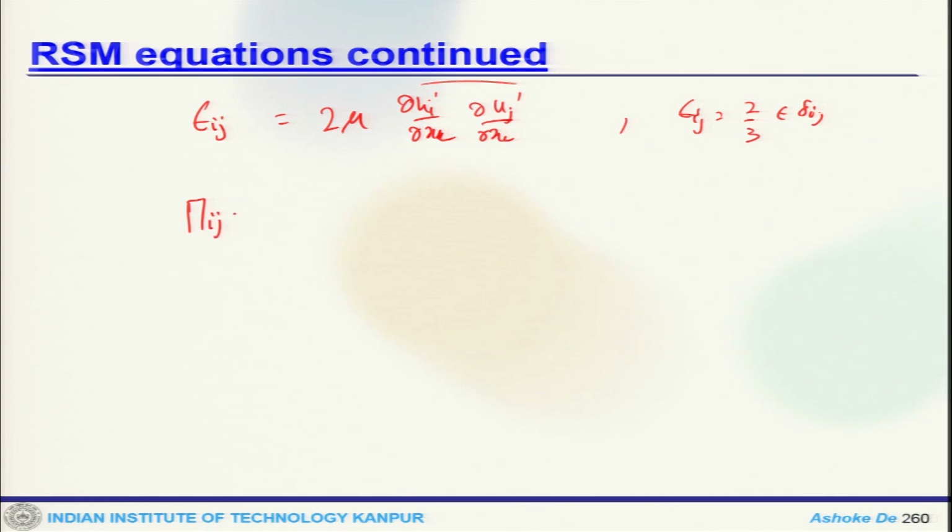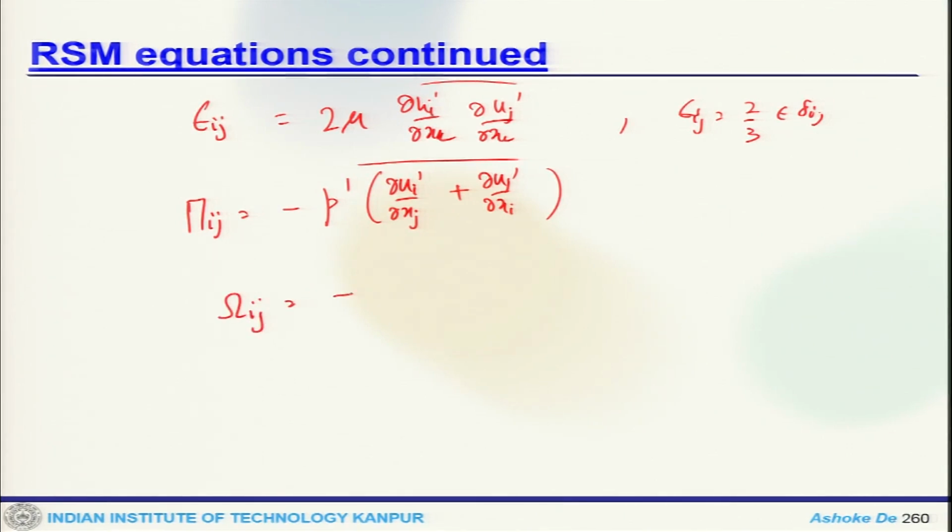The pressure strain term is p prime times del ui prime by del xj plus del uj prime by del xi, and there are models available. The rotation term is minus 2 omega k times Rjm epsilon ikm plus Rim epsilon jkm, where epsilon ikm is minus 1, 0 or 1 depending on the situation.